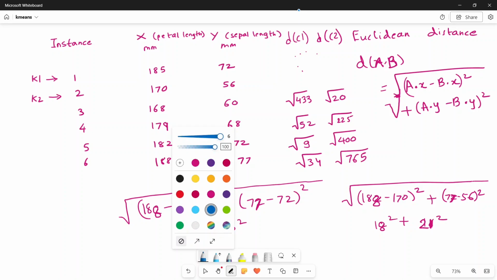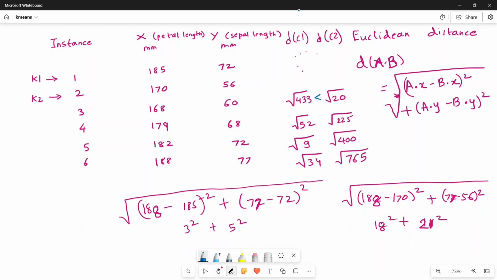Now for each one of them we have to make a decision which cluster it will go to. Which is the lesser distance? Point 3 is closer to the cluster C2, so it will go to C2. Point 4 is closer to the cluster C1, so it will go to C1. Point 5 is closer to cluster C1, so it will go into C1, and point 6 is also closer to cluster C1, so this will also go in C1.